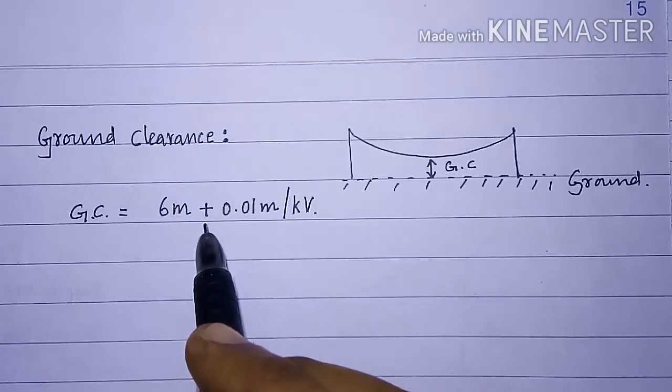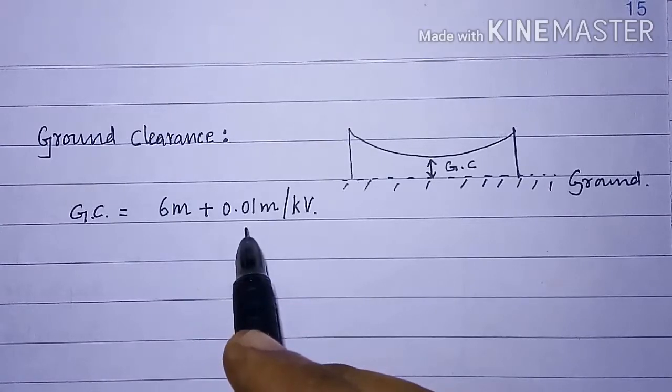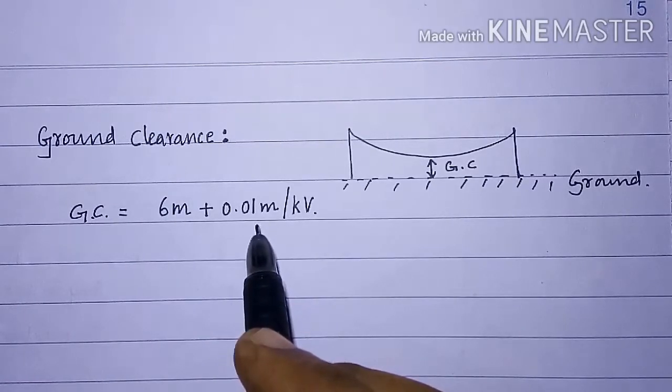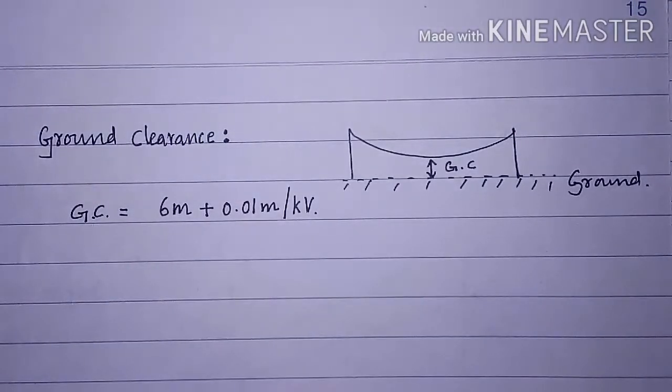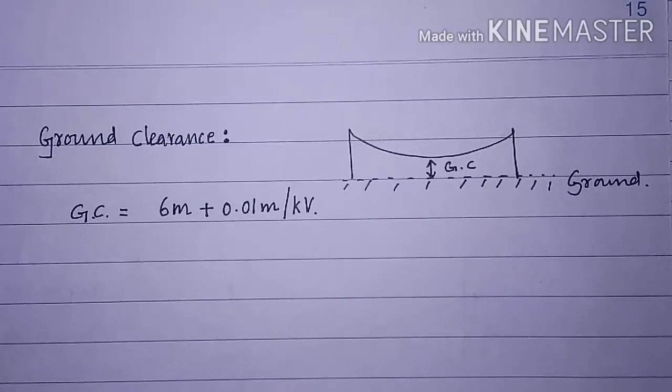If the line operates at more than 1 kilovolt, then its height must be increased by 0.01 meter per kilovolt for the safety purpose, for the purpose of economy.